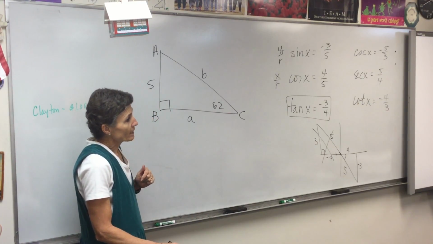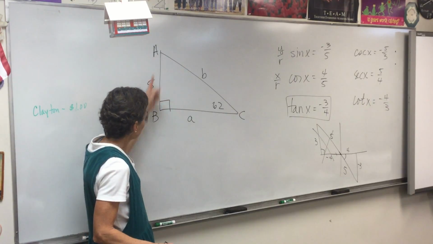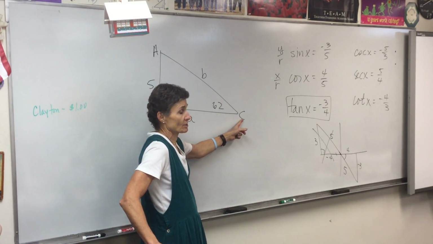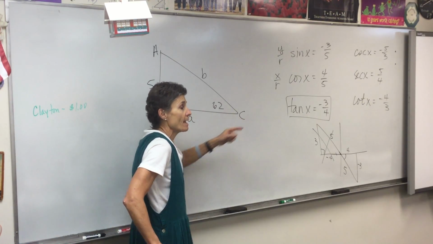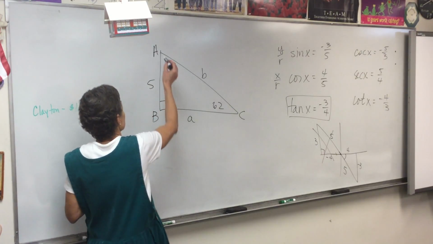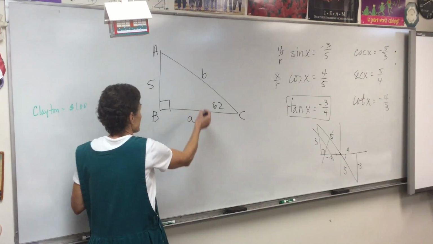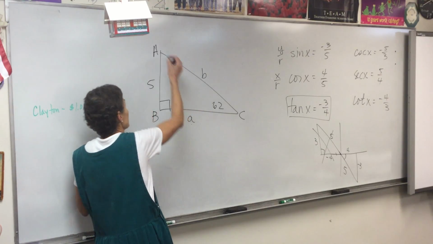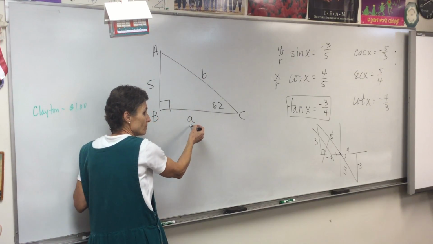When you label a triangle, we use capital letters for the angles, and then small letters for the sides. If this is angle A, this will be side A. They're labeled opposite their angle.